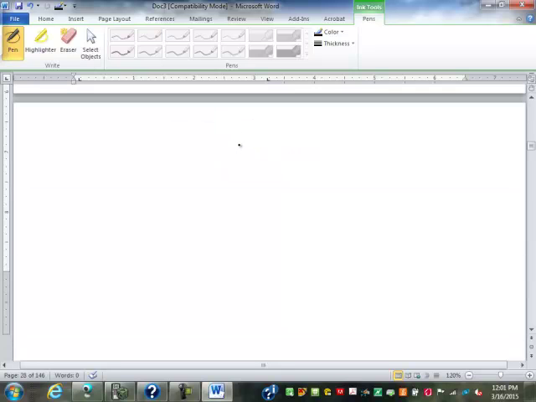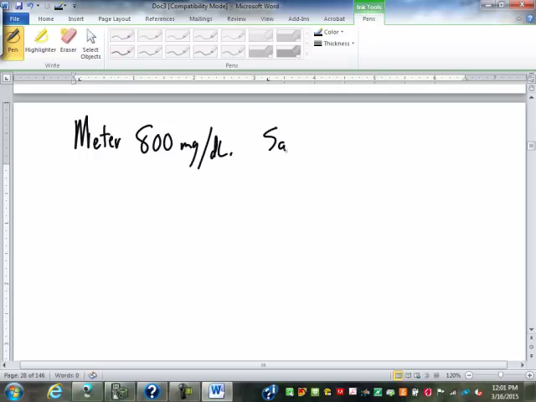I want you guys to try one quick and see what you come up with. So again, let's say our meter, go back to blood glucose here, has a limit of 800 milligrams per deciliter, and the sample exceeds the limit.